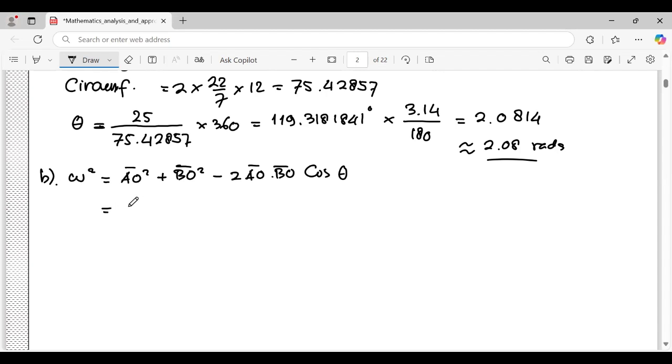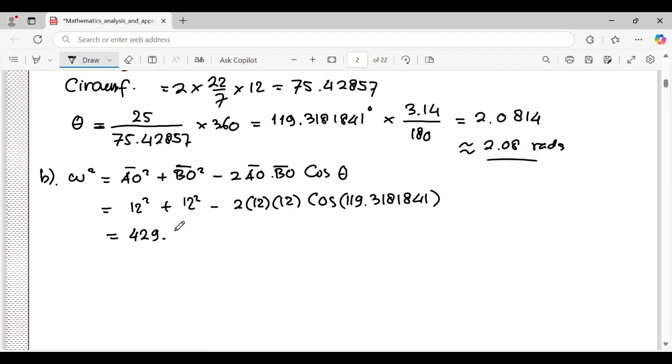So it's going to be 12 squared plus 12 squared minus 2 times 12 times 12 cosine 119.3181841, and the result is 429.021849.